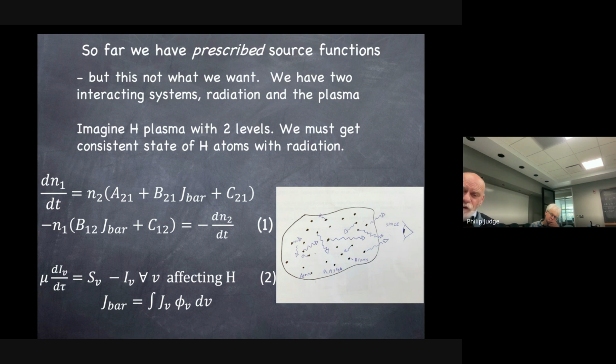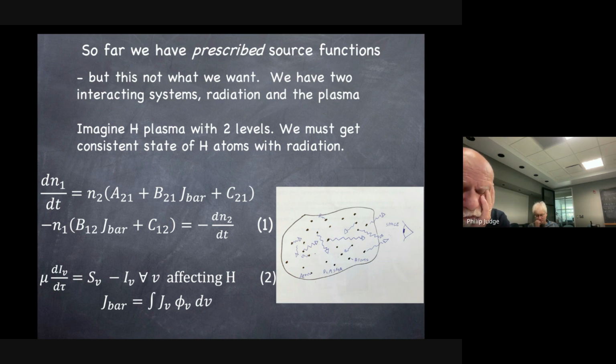So what we've got to do is, if we really believe it's in statistical equilibrium, we have to find a steady state, dN by dt is explicitly 0, in which we have a simultaneous solution for I, and then J. Integrating J is just the angle average, remember, of I: 1 over 4 pi integral I nu d omega. And then we've got to make it so that it's compatible with that.